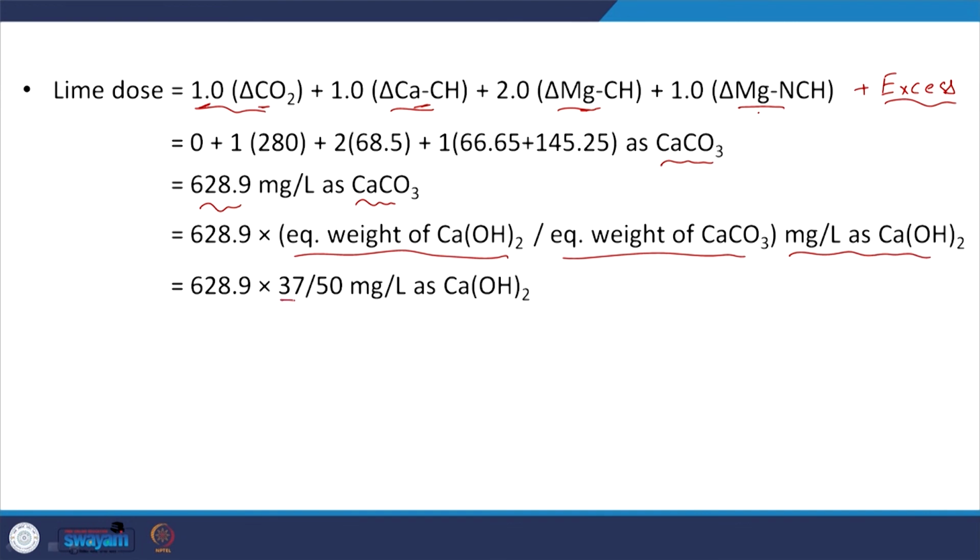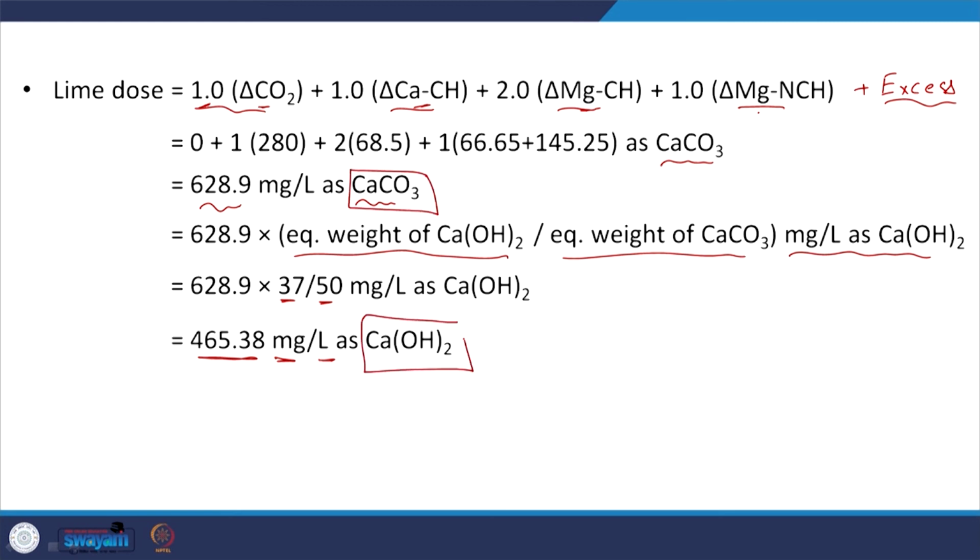So what is this? 37 by 50, and I guess this is the amount of Ca(OH)2 I have to add in terms of mass of Ca(OH)2 per volume, right. Here the units were as CaCO3, and we just transformed them into units of Ca(OH)2 because I think the question asked for that. What about soda ash?